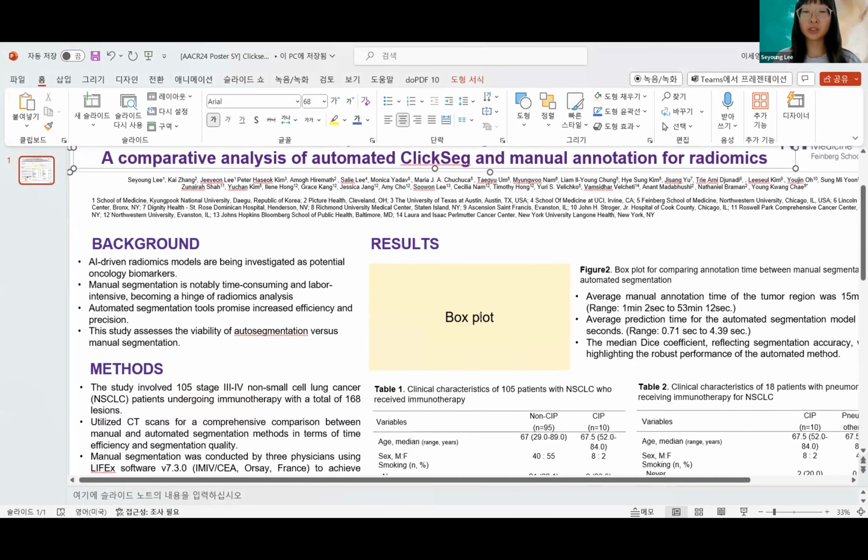I also requested the data of the automated ClickSeg for the manual annotation segmentation work that we have so that I could draw a box plot last week, but I haven't received it from Picture Health yet. I'll follow up on this and I'm planning to get a plot here. Okay.